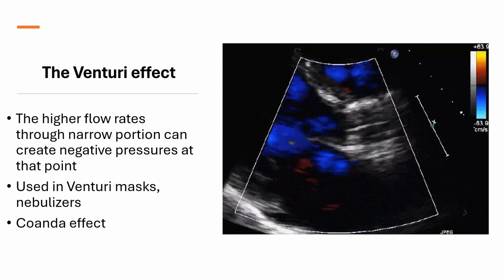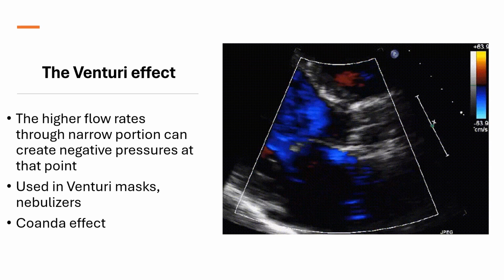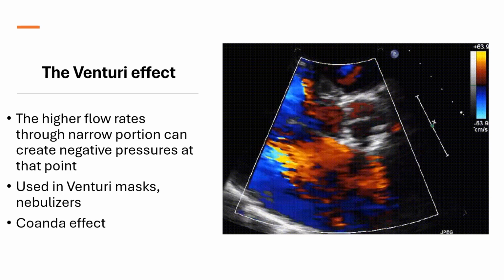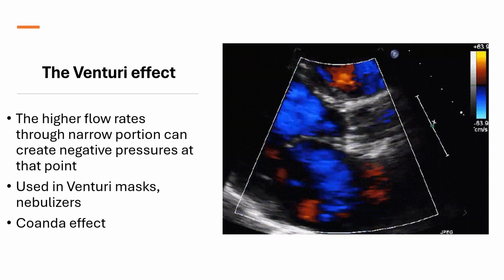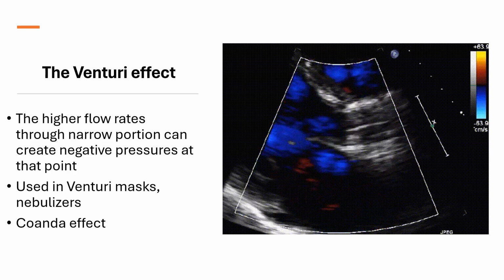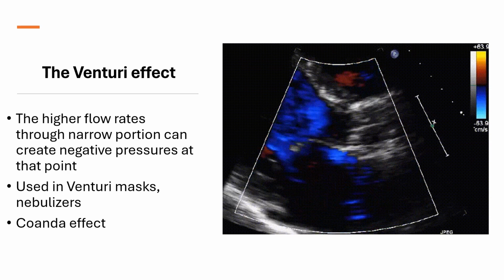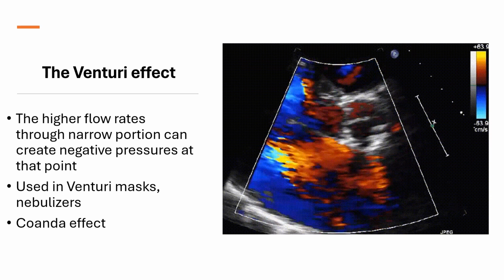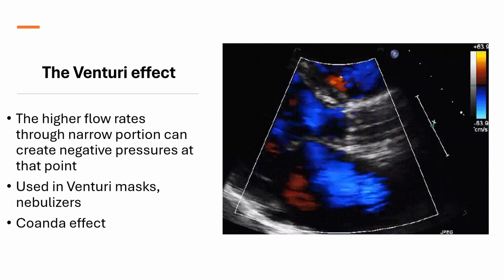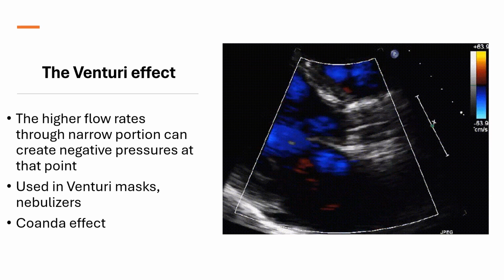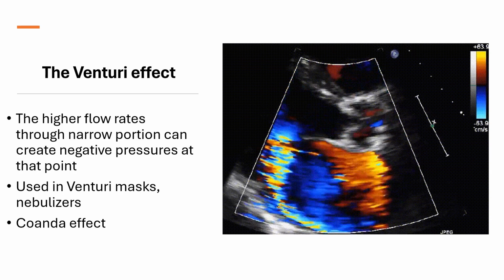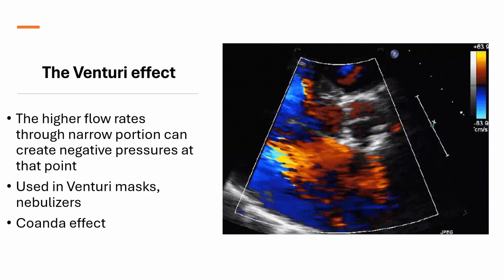The nozzle itself has an adjustable aperture that sets the entrainment ratio and hence the desired FiO2, which you provide to the patient. And here on this pictorial, you see an eccentric mitral regurgitation jet representing the Coanda effect. The Coanda effect occurs because of the higher velocity and lower pressures.